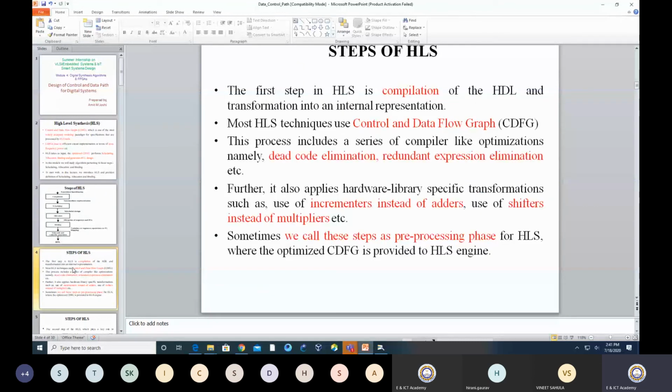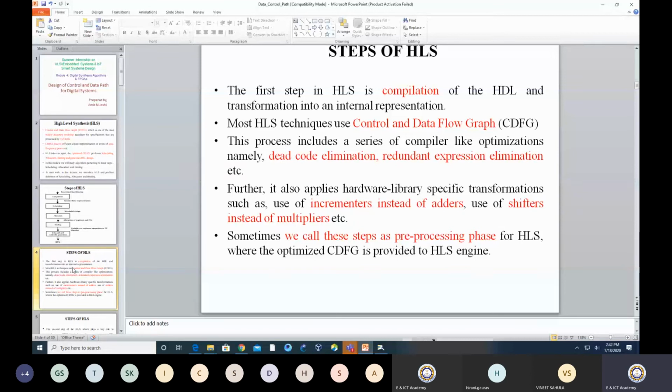Now the first step in HLS is compilation of the HDL, transformation into an internal representation. Most HLS techniques use that for control part and data part design. While we are thinking about that, we need to use some optimization techniques, like dead code elimination. We need to reduce the strength of the operator.